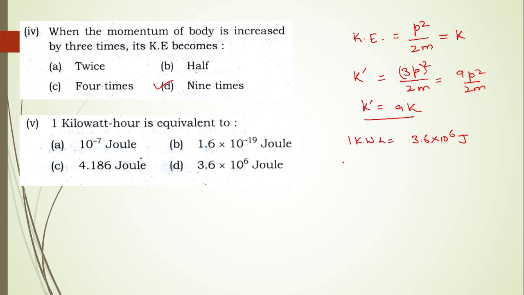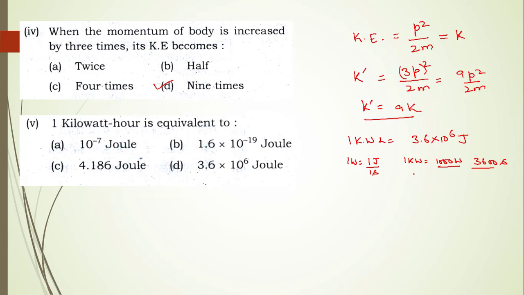How is it right? We know that 1 watt is equal to 1 joule divided by 1 second. Now 1 kilowatt is equal to 1000 watt. Then an hour is there, that is 3600 seconds.